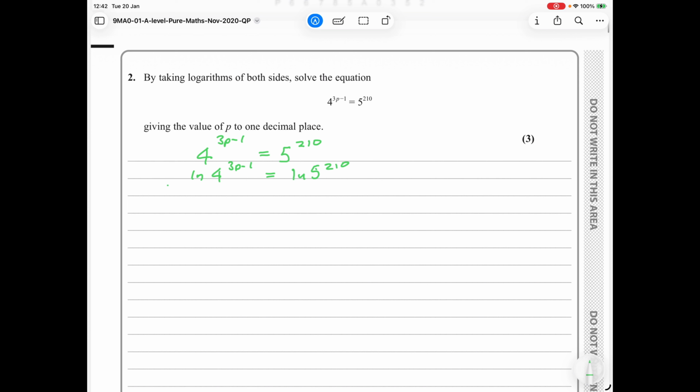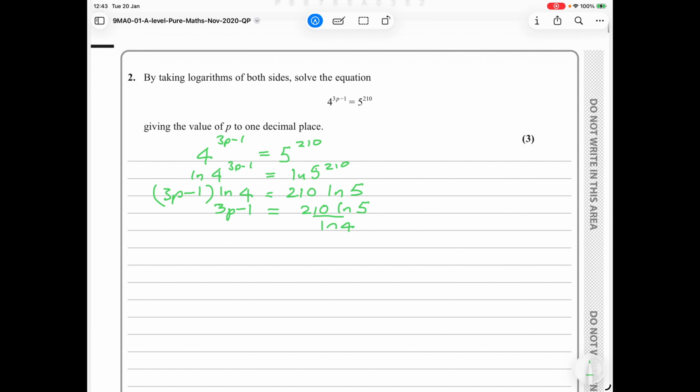And that means we then put the 3p minus 1 at the front of the log, and we can do that with the 210 log 5. And now from there we can put the log 4 over there. So we can go 3p minus 1 equals 210 log 5 over log 4.